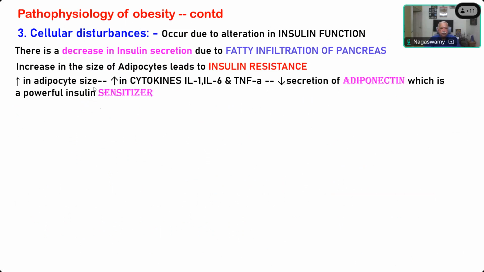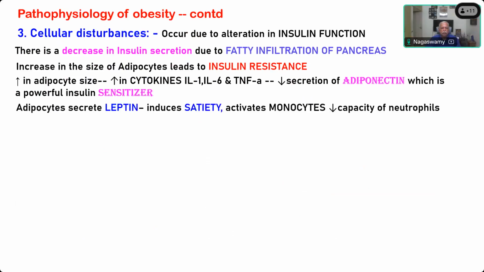This adiponectin is a powerful insulin sensitizer, which means it makes the normal endogenous insulin activity more powerful. So when the adiponectin concentration is decreased in the blood, then insulin loses its sensitizing effect on the cells, and that is the reason why insulin resistance develops. That is the primary cause.